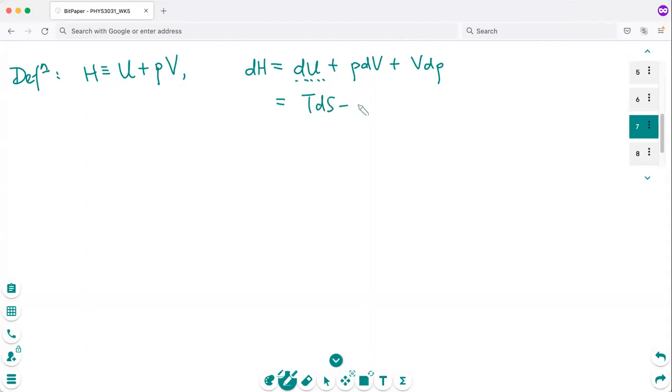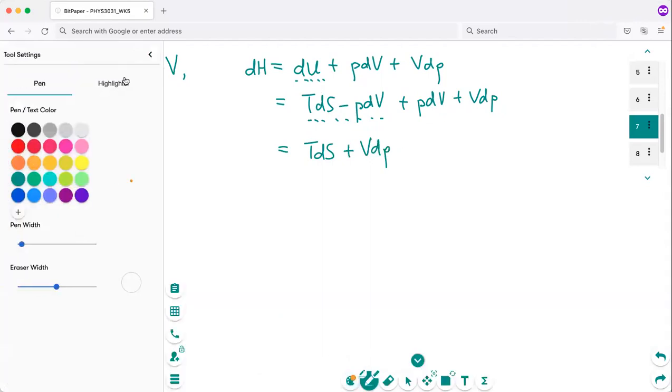First law is TdS minus PdV. This is the first law, and then the rest I just copy. Okay, and once I do it this way, I can have a nice combination. I will have nice cancellation. I have the TdS plus VdP.